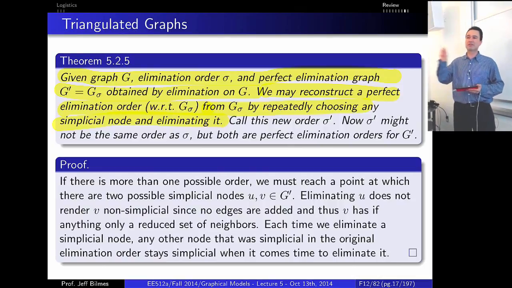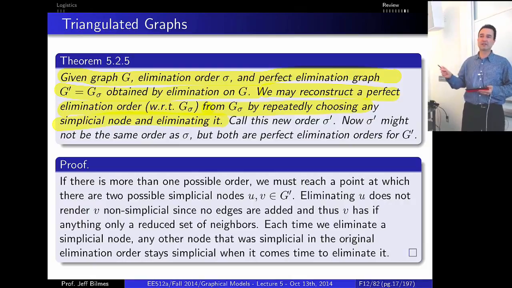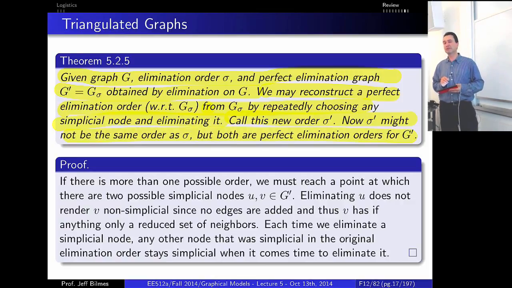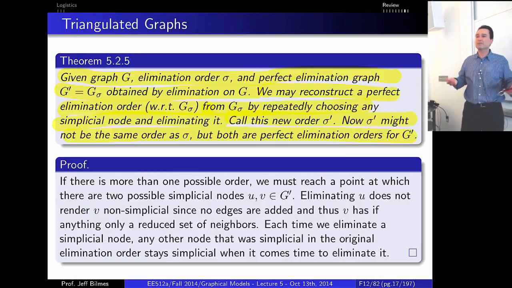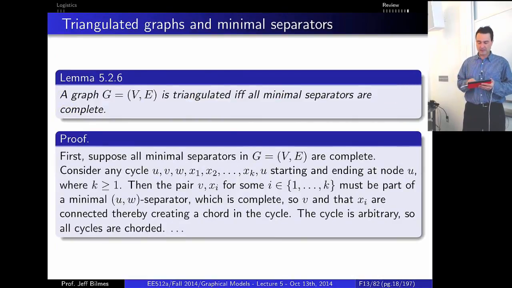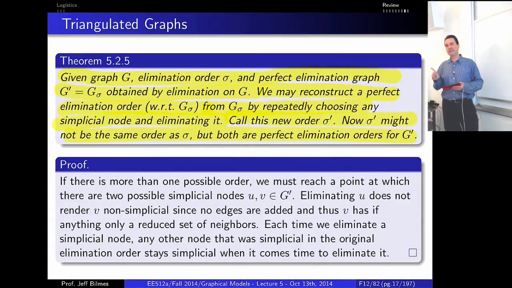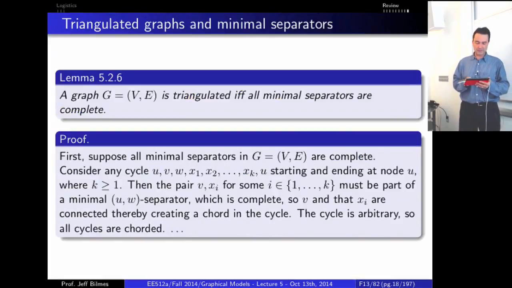So if we keep choosing simplicial nodes and we eliminate them, we're not going to create any cycles, obviously. And we said that the order might not be the same, but we did say that both are perfect elimination orders. Now, what we didn't say is, is it possible for there to be more than one perfect elimination order in a perfect elimination graph? And we're going to visit that in the next theorem of the non-review part of today's lecture.